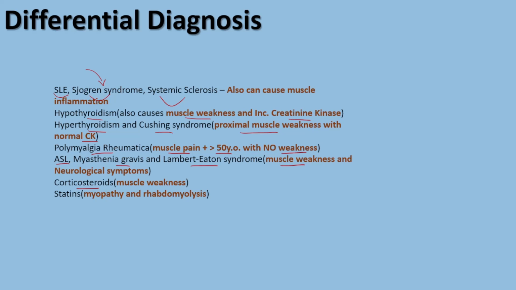So note that these are the differences between polymyositis and dermatomyositis and long-term usage of corticosteroids, and also statins. Statins can also cause myopathy and rhabdomyolysis, leading to muscle weakness. So know the differentials, because sometimes a patient who is presenting with muscle weakness can have other signs and symptoms, and those signs and symptoms can help you to make a very good differential diagnosis.